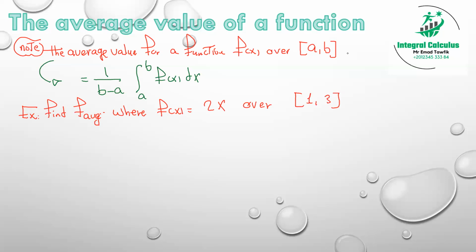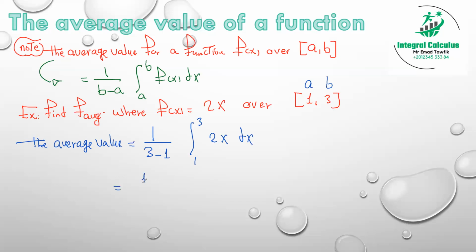Whenever I give you the intervals, here you have a and here you have b. So the average value is supposed to be 1 over b minus a, which is 1 over 3 minus 1, multiplied by the integration from 1 to 3 of the function 2x dx.